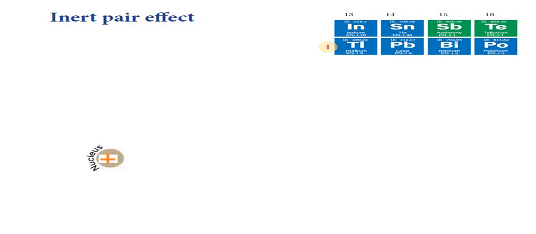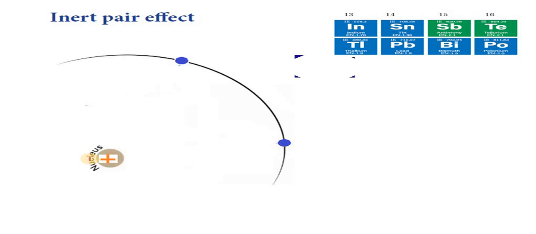So consider a nucleus. The nucleus has protons, therefore it is positively charged. You see the outermost orbital contains 2 electrons of the s orbital, because the s electrons show the inert pair effect. I am not showing p electrons, because in inert pair effect the p electrons do not come into the picture. In between the nucleus and the outermost orbital, there is an inner orbital.